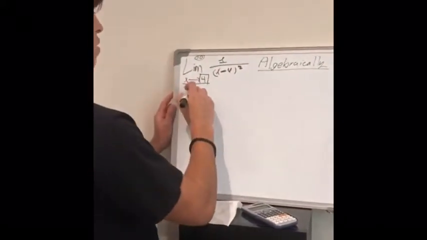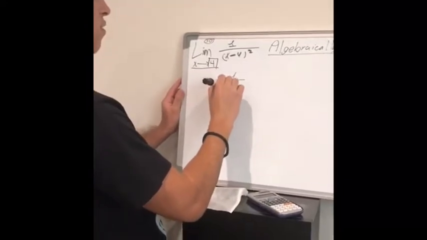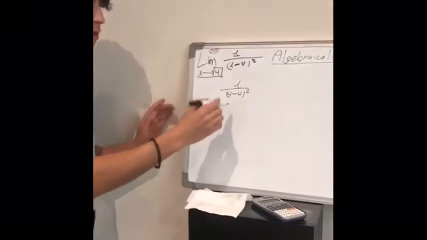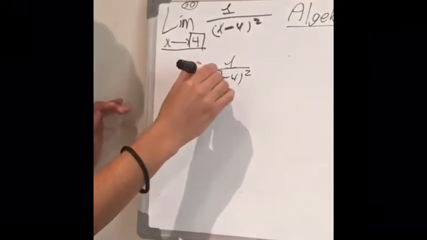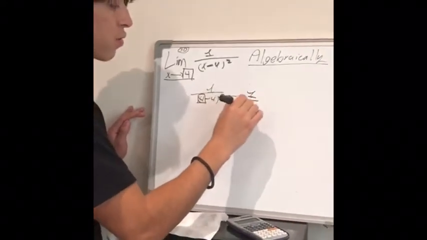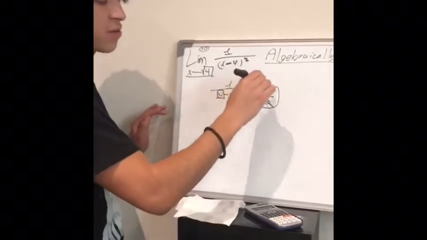So if we plug in the 4, okay, here it's the 4, the answer is 1 over 0. This is not an answer.